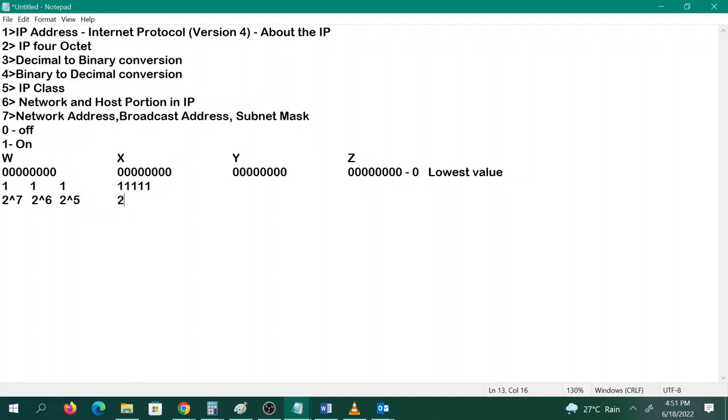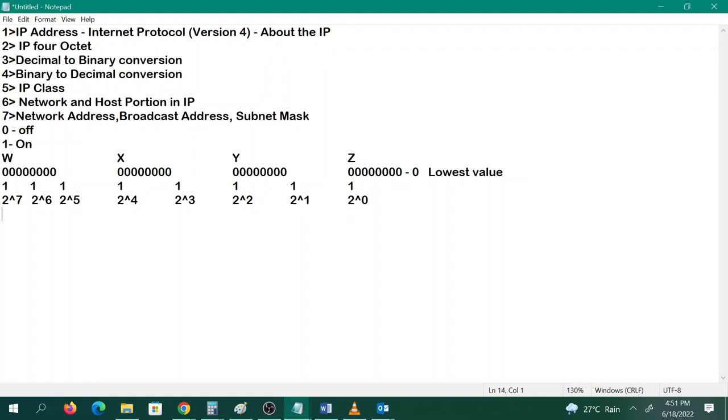And so on: 2 raised to power 4, 2 raised to power 3, 2 to the power 2, 2 raised to power 1, and 2 raised to power 0. Those will be the values.